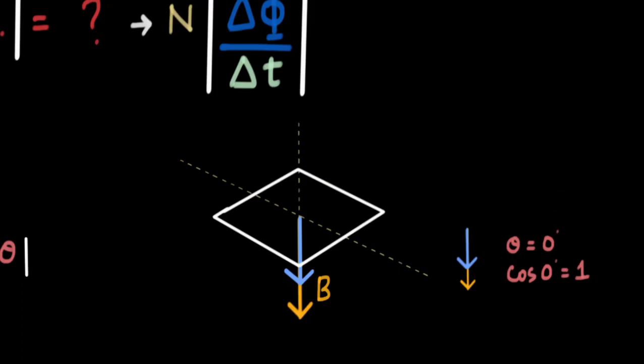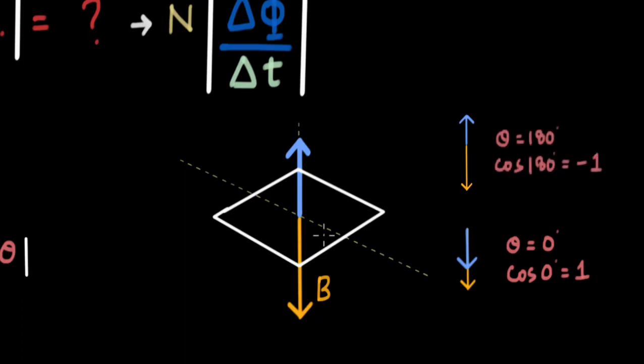It is also possible that the area vector, instead of vertically down, is pointing in a direction completely opposite to the magnetic field direction, just like this. Now in this case, the angle between the magnetic field and the area vector is 180 degrees. So that is -1. Now it turns out that the direction of the induced current determines the direction of the area vector, and we can predict the direction of the current using Lenz's law.